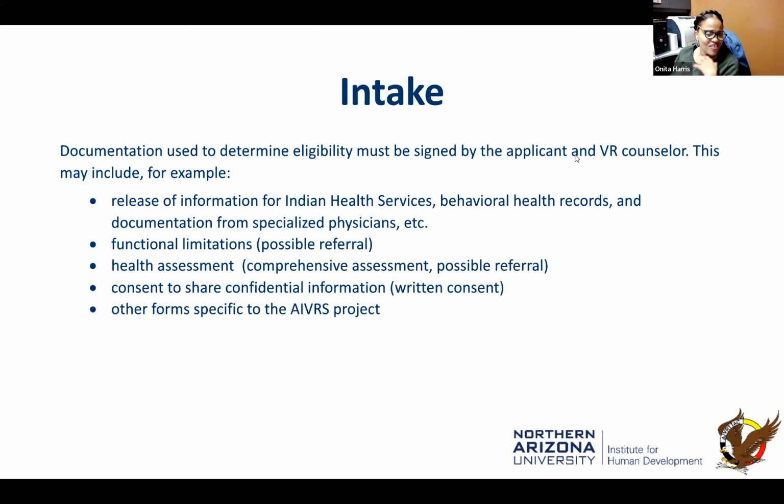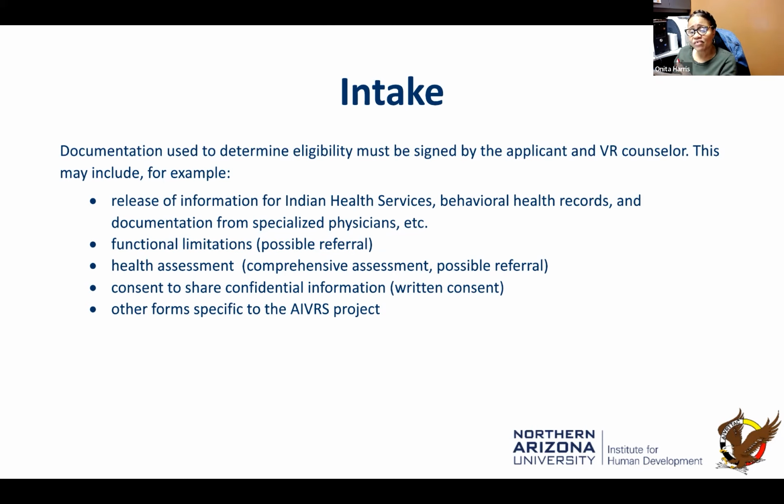So I think I've touched on this already, so I won't spend too much time here, but when we talked about gathering information to determine eligibility. Some of those examples include releases of information for Indian Health Services and other health services, depending on what area you live in and where they seek care, behavioral health records and physicians' offices.